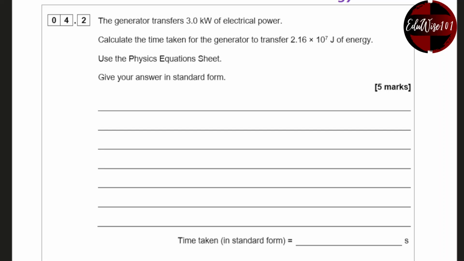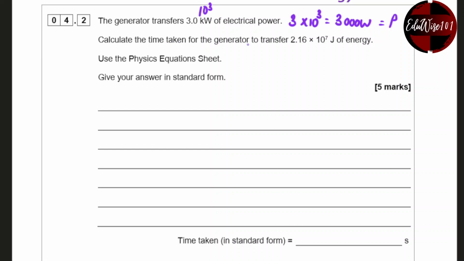The generator transfers 3 kilowatts. So again, remember, 3 kilowatts is 10 to the power 3, or you can convert it to 3 times 10 to the power 3, which is 3,000 watts, which is the power.